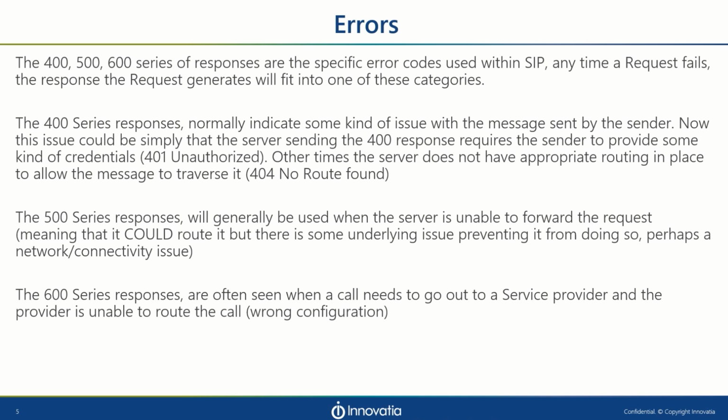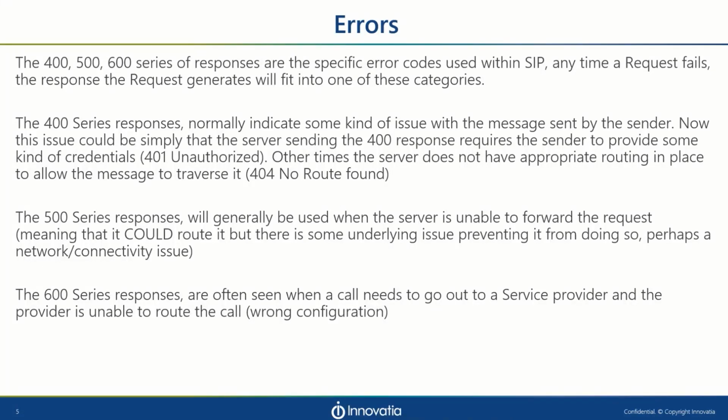The most common of these error responses are what are known as the 400 series, or the client failure responses. You'll commonly come across what's known as a 404 not found response.